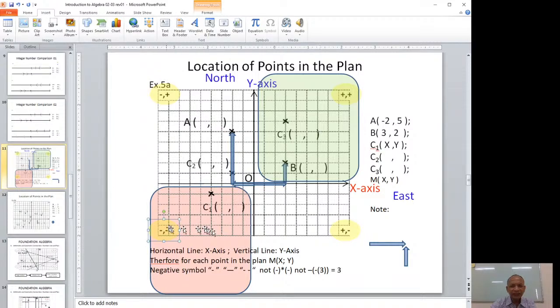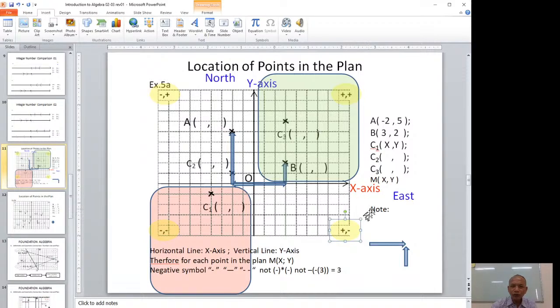Up here we have plus, here minus, and here we have negative positive, here positive negative. The first sign is for the x-axis, the x coordinate.